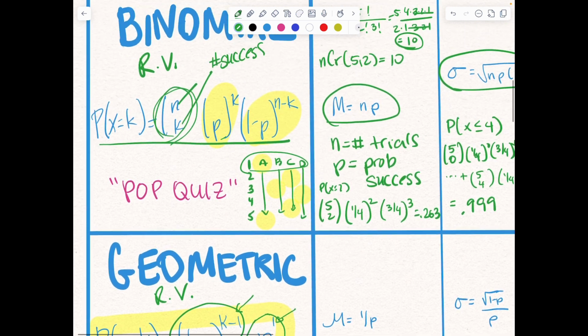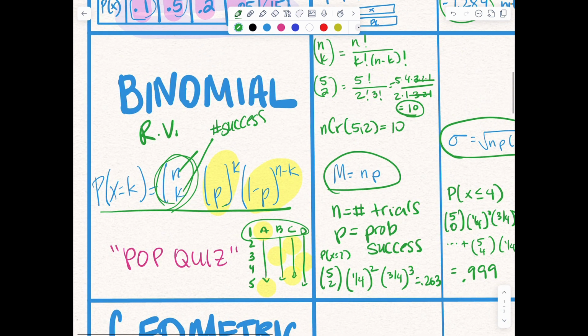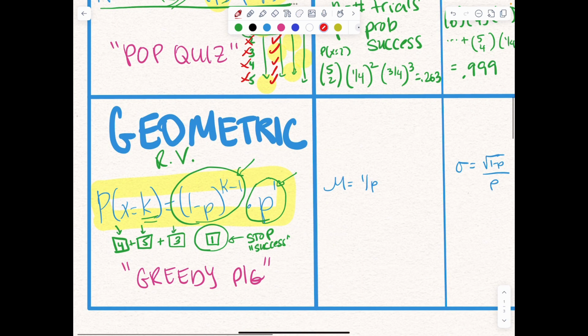Conversely, with binomial I can have 0 successes, so I could get all of them wrong, or I could get them all right. With geometric, I have to have 1 success and the rest are fails. So I have to have only 1 success.